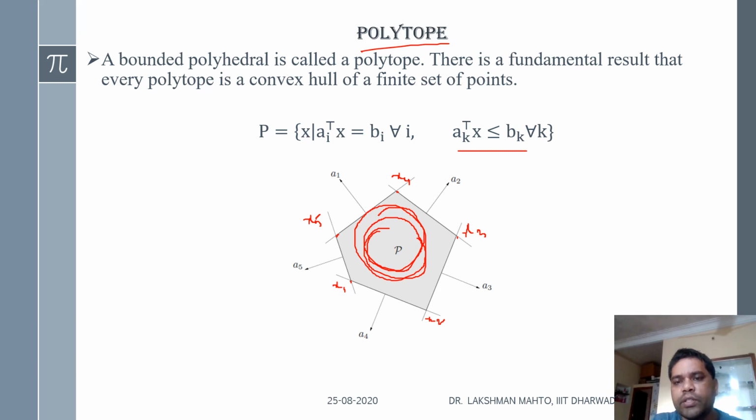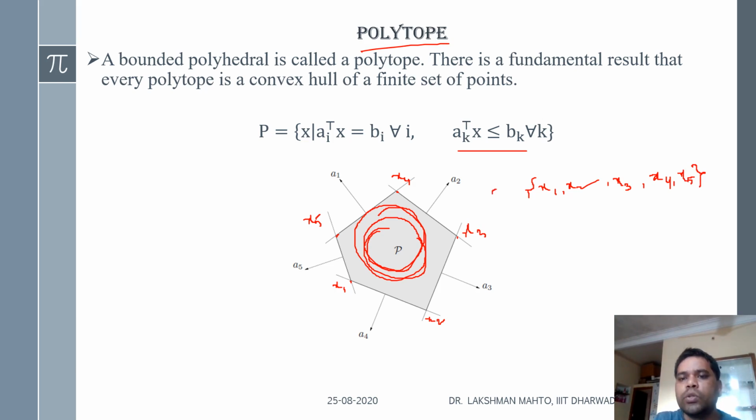So we can say that this bounded polytope has another definition: it is a convex hull of the 5 points x1, x2, x3, x4, x5.